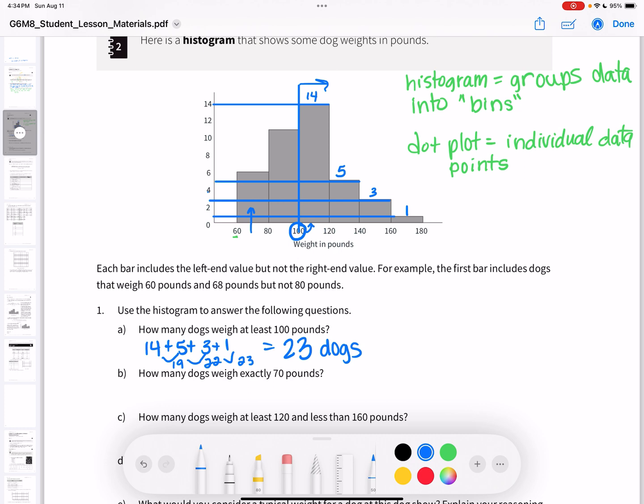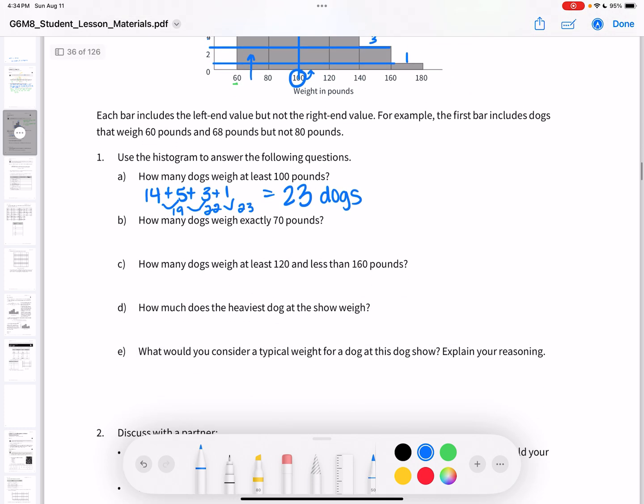Or 74, or, there's a lot of data points. We know that there are at least 6, but we don't know specifically. So this is unknown. It could be anywhere from 0 to 6.